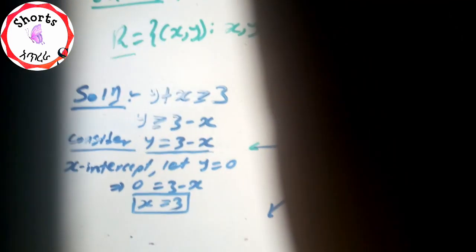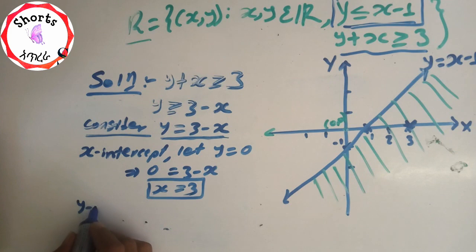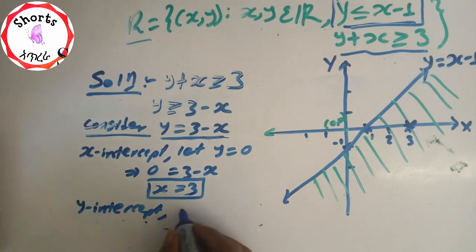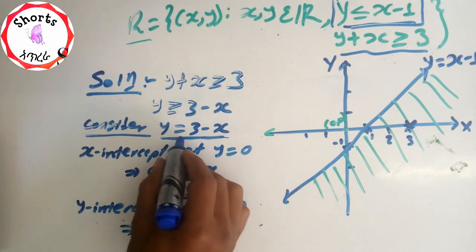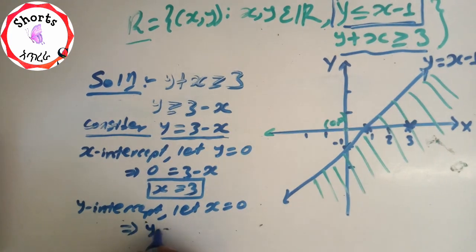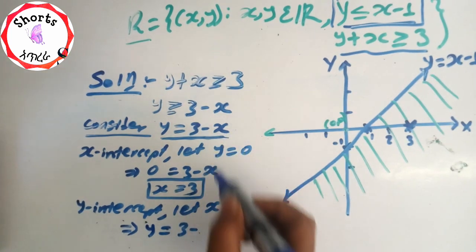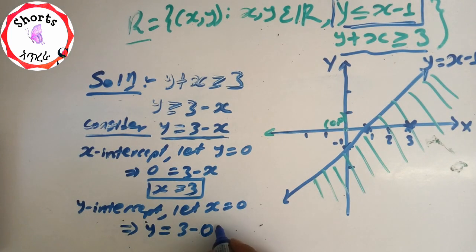The second important thing is to find the y-intercept. To find the y-intercept, let x is equal to 0. This implies y is equal to 3 minus x, where the value of x is 0.